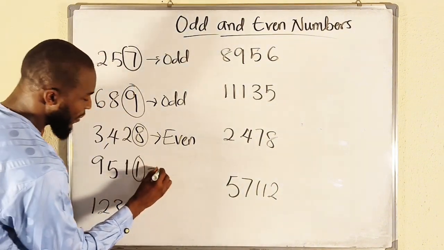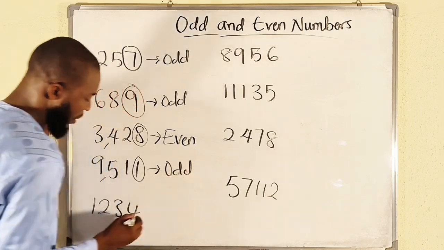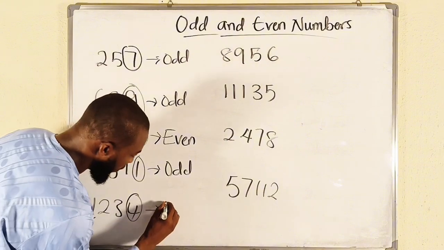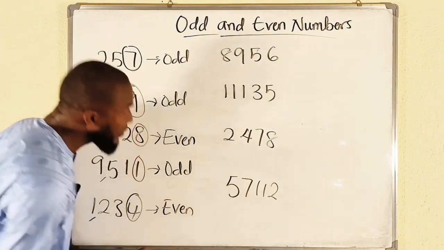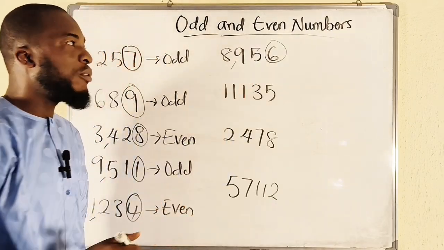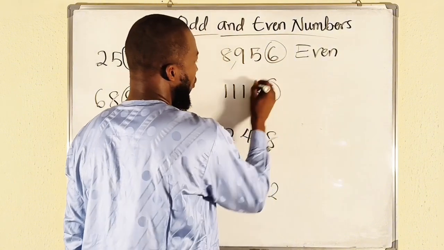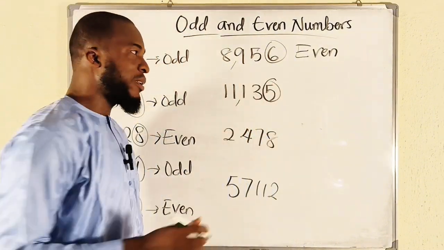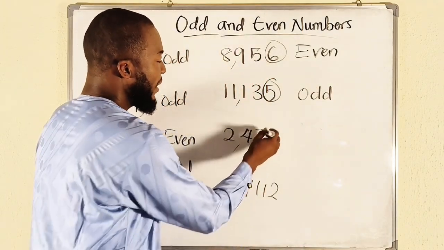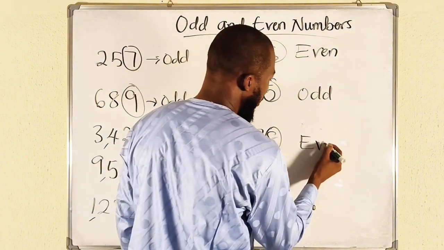1 is odd, therefore 9,511 is odd. 4 is even, therefore 1,234 is even as well. Can you see that? 6 is even, therefore 8,956 is even as well. 5 is odd, therefore 11,135 is odd. 8 is even, entirely 2,478 must be even.